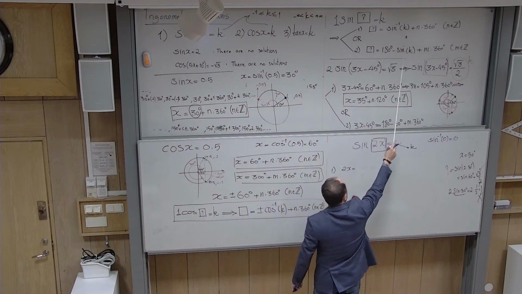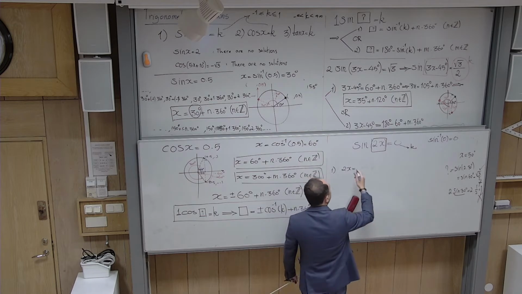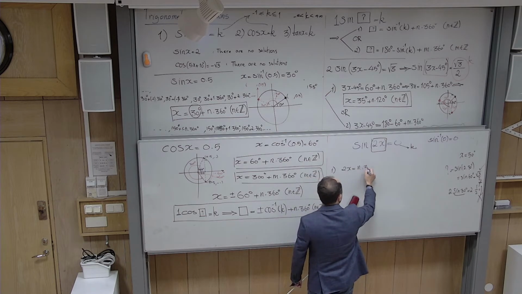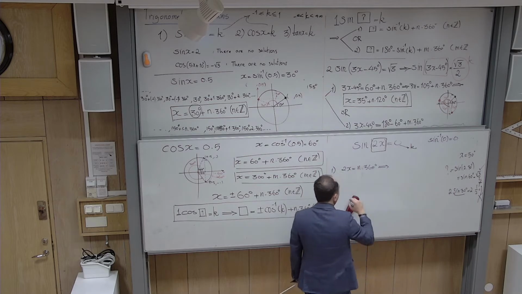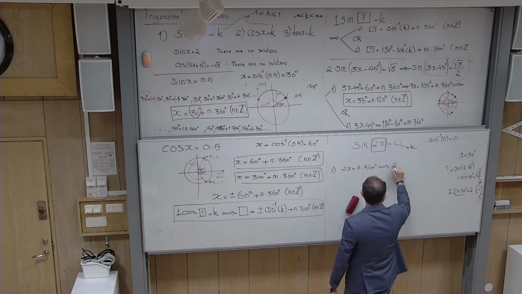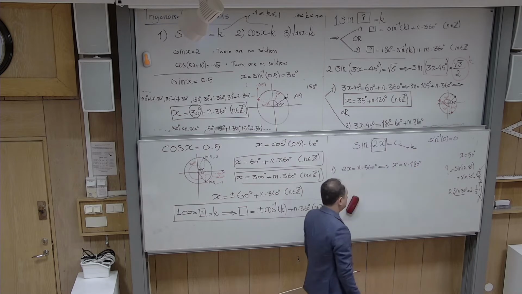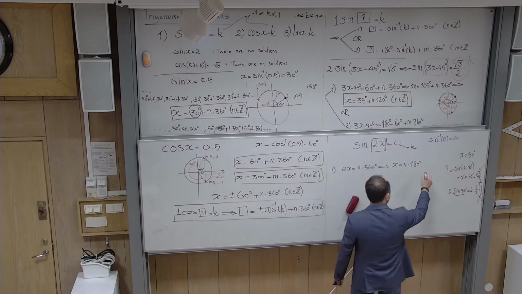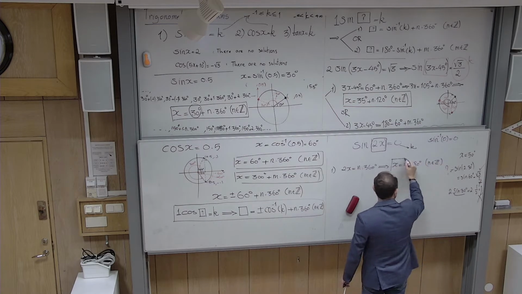Sine of 0 is 0, sine inverse of 0 is 0, so I don't write it down. It becomes n times 360 degrees. And because I am looking for x, I divide everything by 2, yes? So this becomes n times 180 degrees. And then, of course, I emphasize that n belongs to the integers, okay? Nothing is wrong about this, so that's correct.